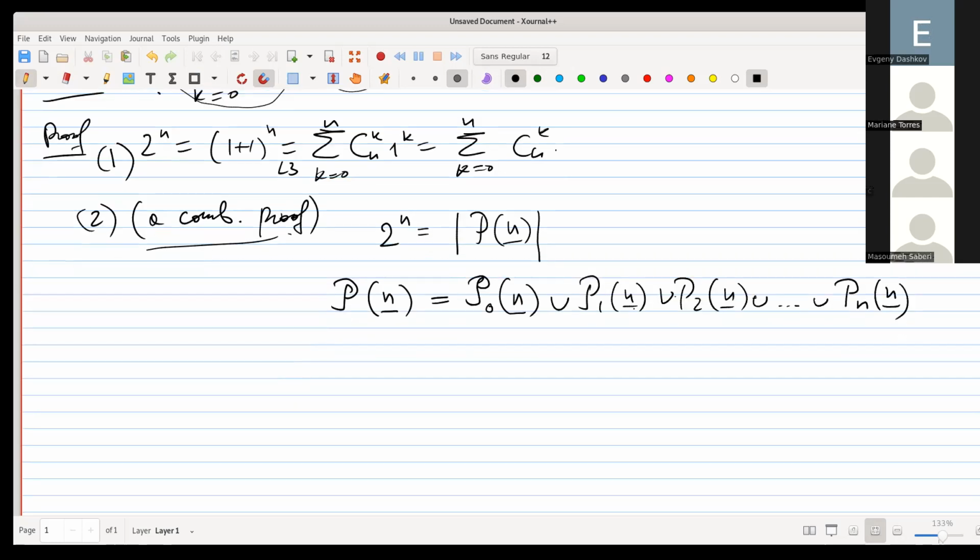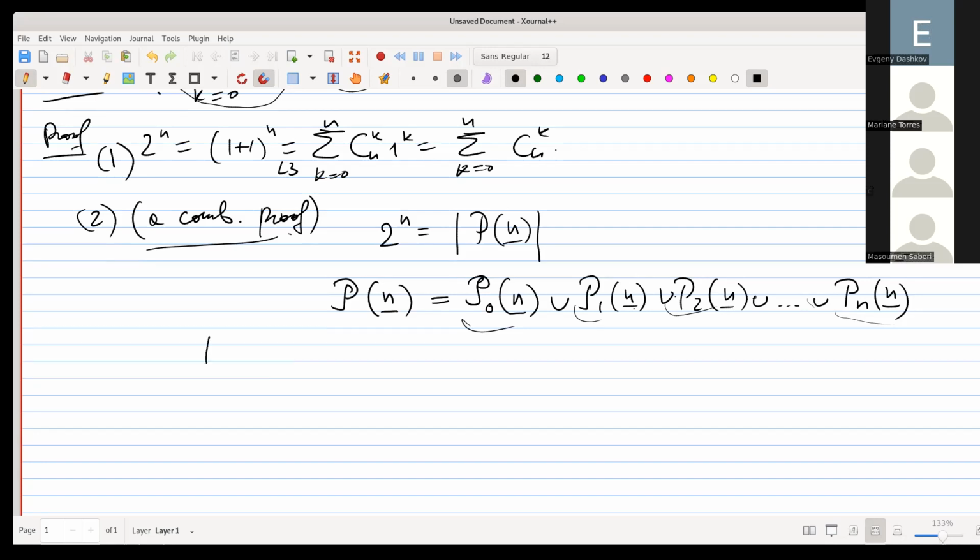But clearly, the size of a subset is uniquely determined. It is not possible that one subset has 2 distinct cardinalities, 2 distinct sizes.